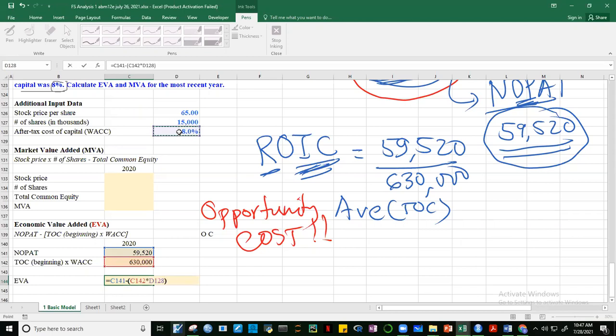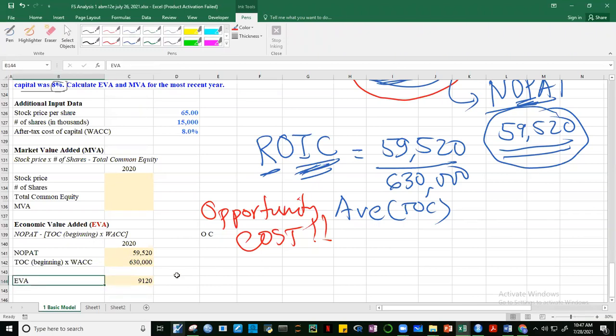Okay? In other words, guys, we will charge management with the use of the capital. Magkano i-charge natin sa kanila? 8%, no? Kasi hindi naman libre yung capital na yan eh. Okay, so when we deduct the cost of capital from the NOPAT, you have this, 9120. Okay, was value created, guys? One last question. Was value created? Yes.